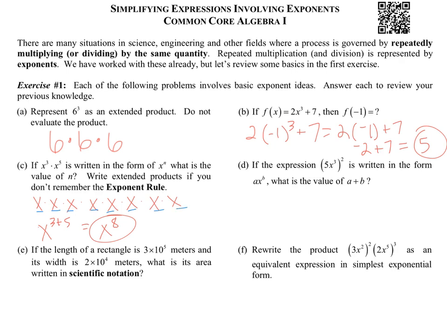In this expression, it's written in the form ax to the b. What is the value of a plus b? So we have 5x cubed to the second power. Really, we have to square 5, which is 25. And then remember that when they are raised power of a power, you actually multiply the exponents.